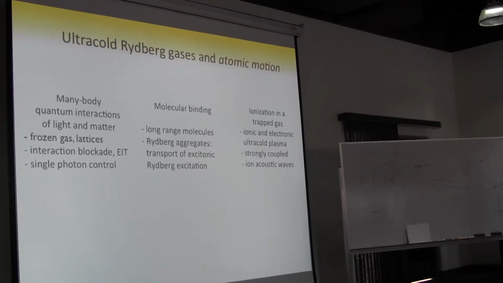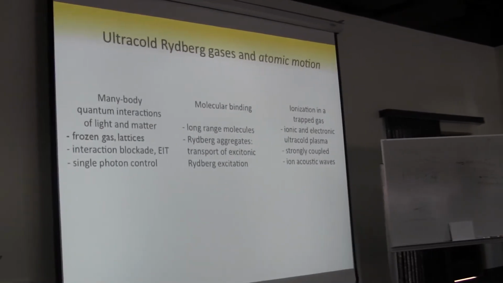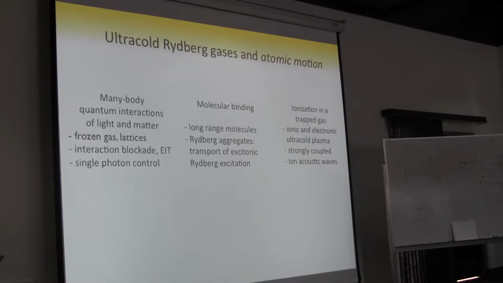Let's say you have a trapped gas and you ionize it, very gently if you wish. But after a while, your electrons don't get away anymore because you have this huge background ionic charge, and the electrons get trapped, and they form a plasma, an ultra-cold plasma. So this brings ultra-cold Rydberg gases into the regime of plasma physics, and some of you probably do that these days, also experimentally.